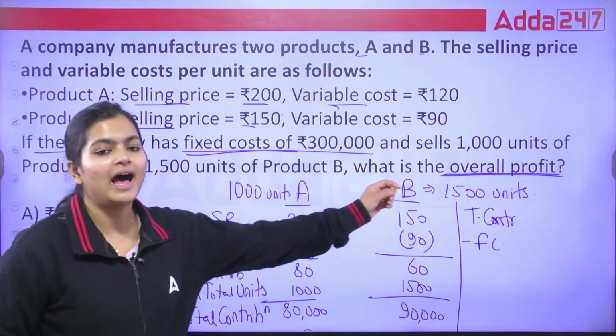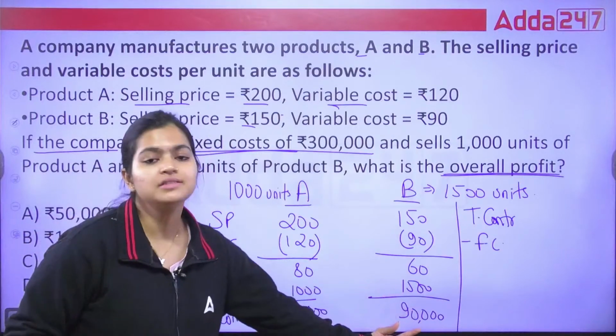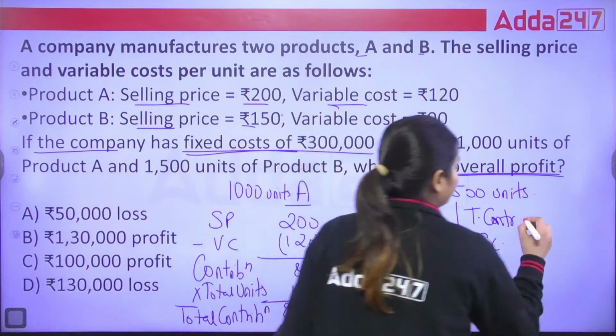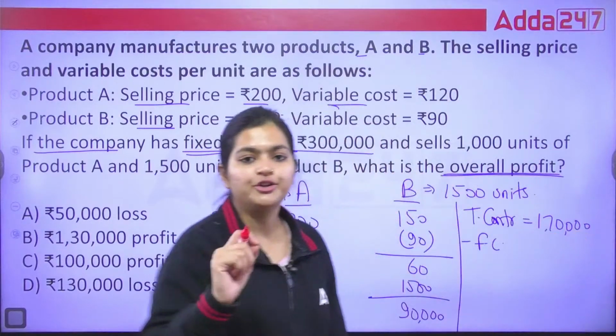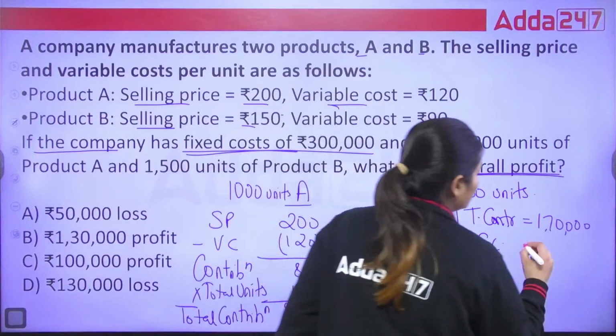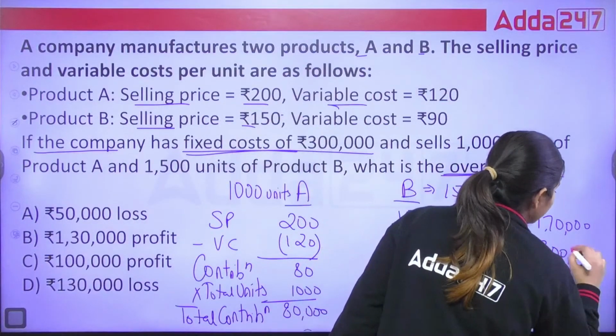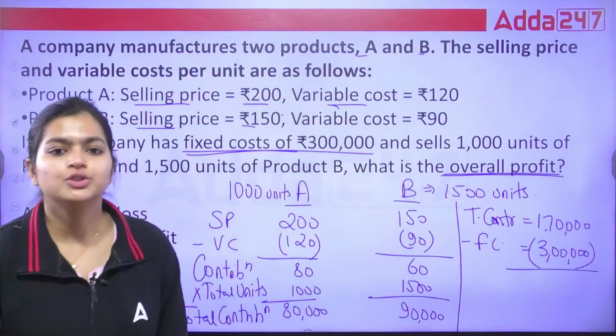In this we add the total contribution of A and B both: 80,000 plus 90,000 will give you 1,70,000. This is your contribution. And total fixed cost is 3 lakh. So we subtract directly from 3 lakh.